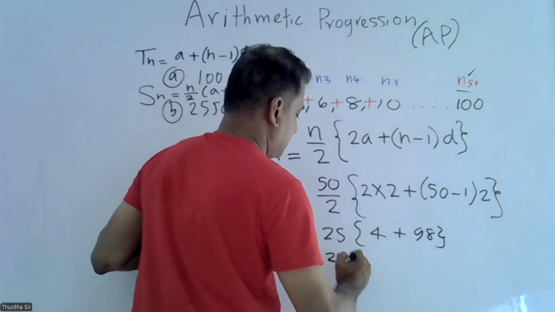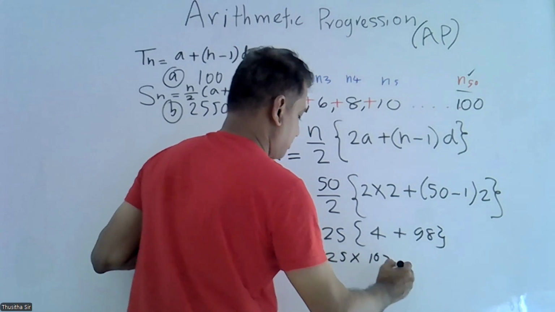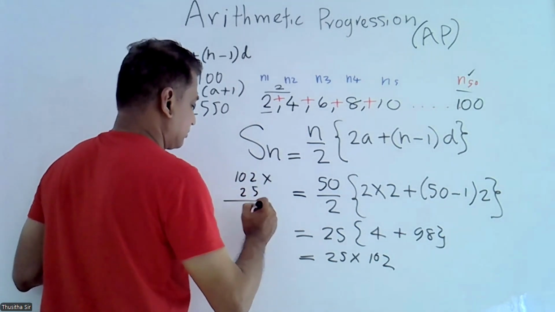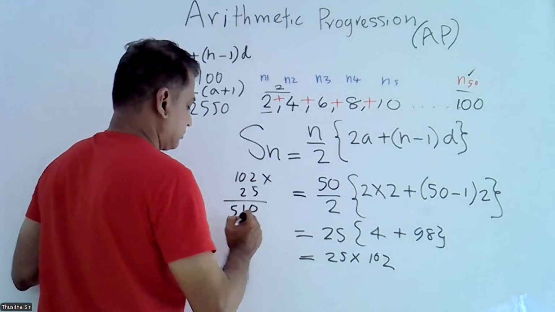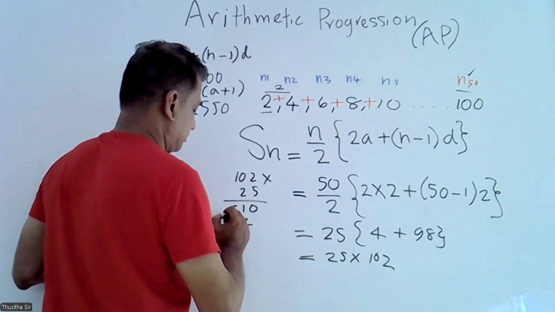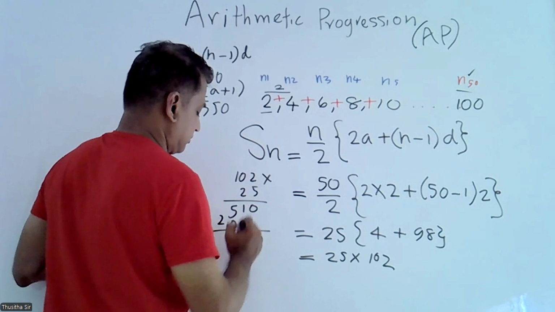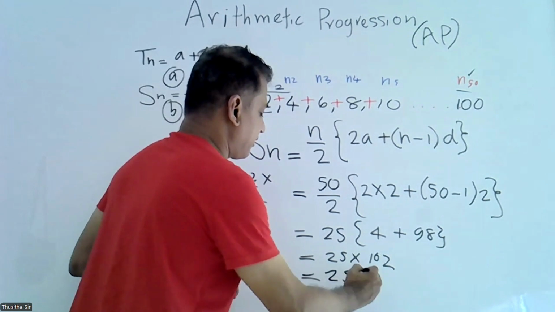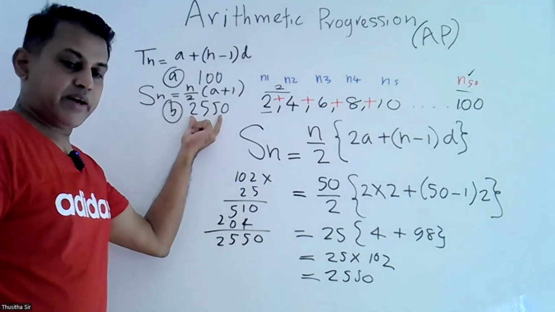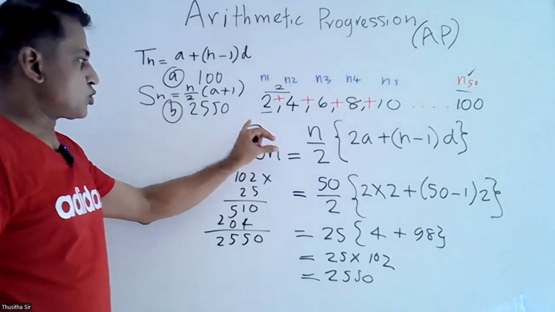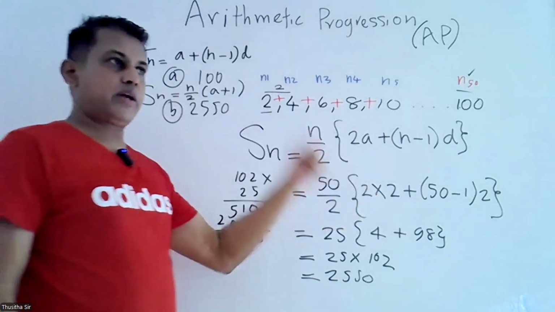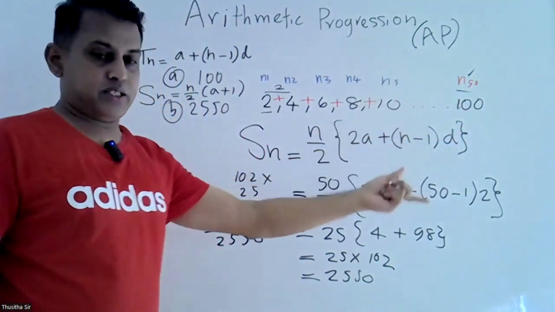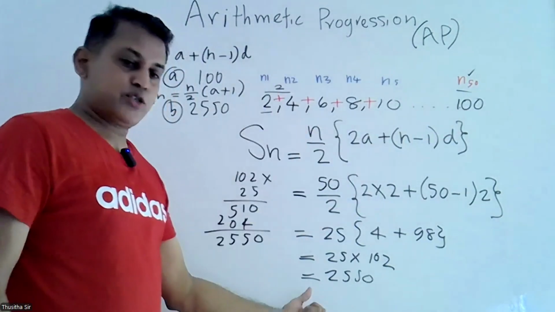So 25 multiplied by 102. The answer is 2,550. The same answer is coming. So that's a useful formula. I can directly calculate the total value, and I can also find the number at the end position. Both I can do with this formula.